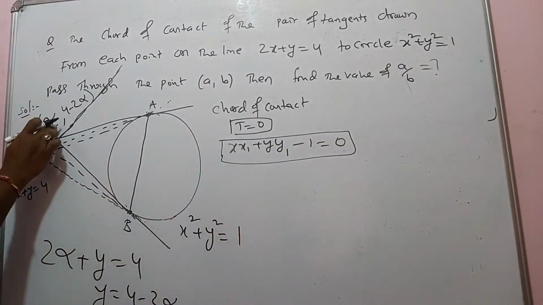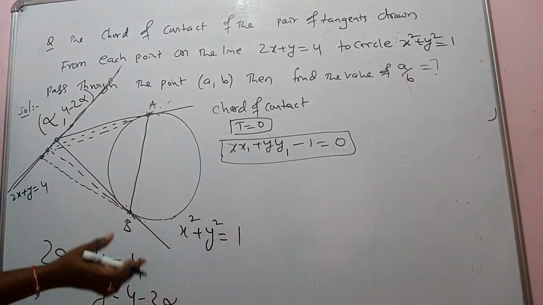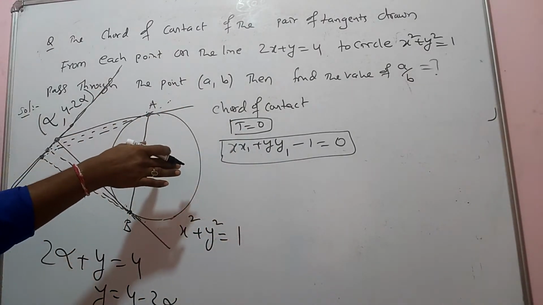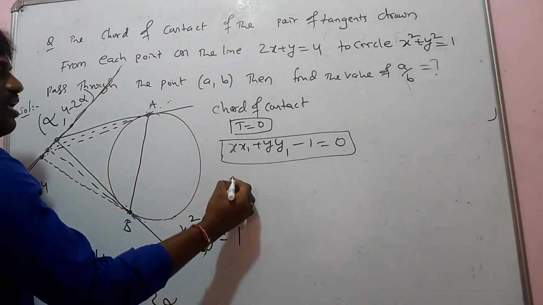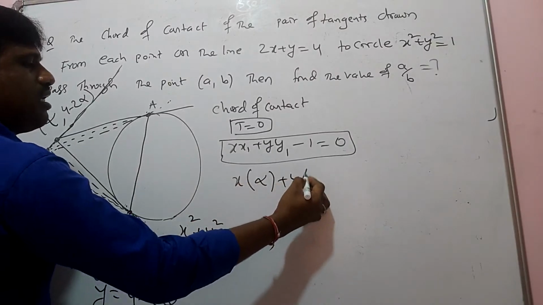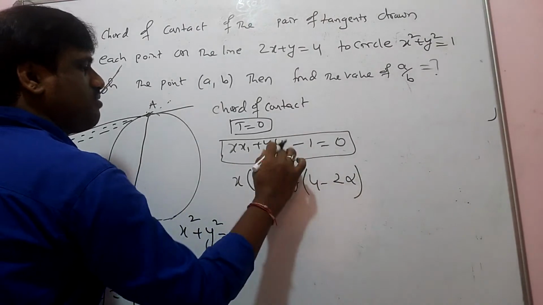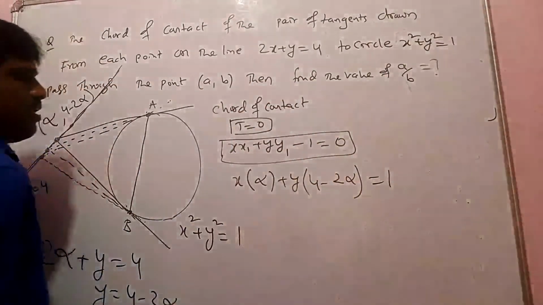The equation of the tangent will satisfy this point, so the point can be substituted in that. If I substitute, what am I going to get? x into x1, this is alpha, plus y into y1, that is 4 minus 2 alpha, minus 1, is equal to 0.